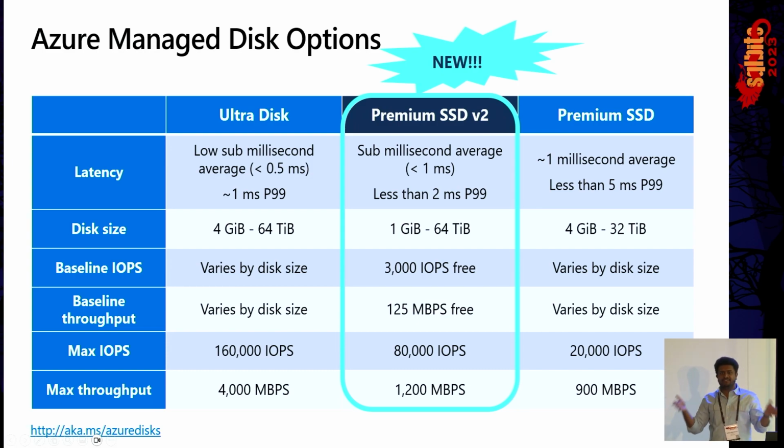But we as a team worked with Azure Compute and Azure Storage, and we came up with a middle ground called Premium SSD V2. This disk can go up to 80,000 IOPS, and it can also go up to 1,200 megabytes per second. Whereas the first 3,000 IOPS are free for customers.